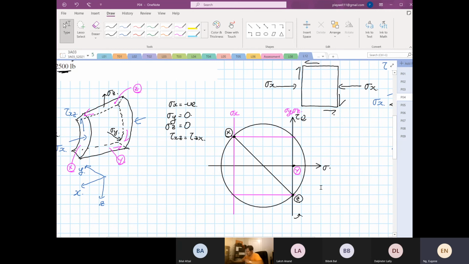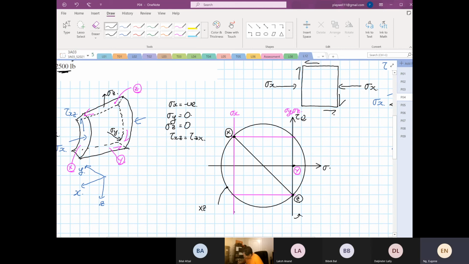The circle that we have just drawn, as I said, is a 3D Mohr circle problem. This is not a 2D. This belongs to our XZ plane.